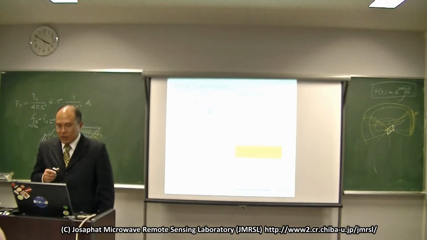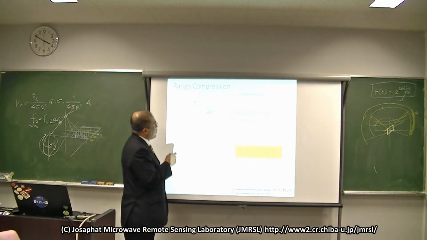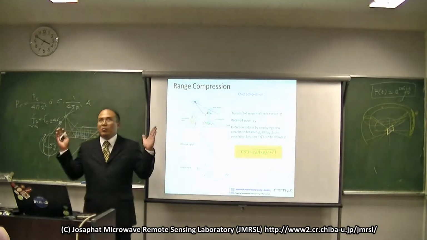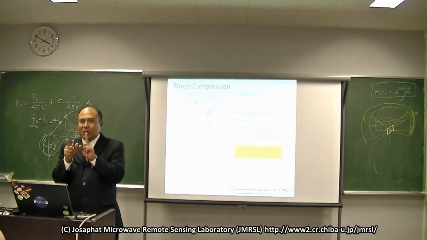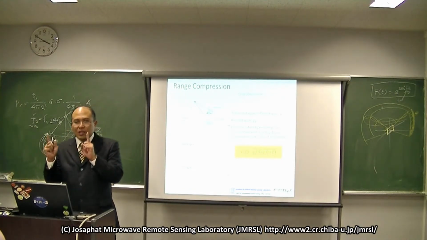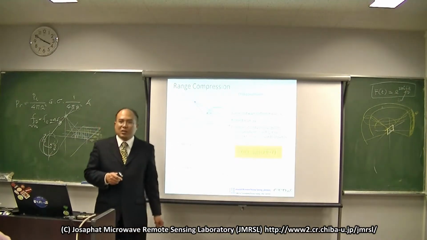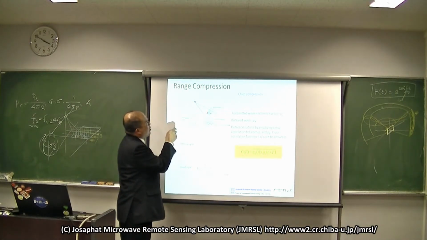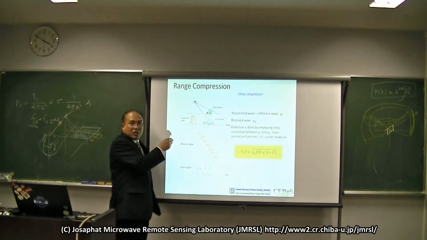Then let's calculate. If we compare with the cross correlation, when we want to observe A, B, C, sometimes the pulse width is larger compared to the distance between objects A, B, or C. Let's consider, but if we use the short pulse, the response from our platform: we transmit and we get the response from A, B, C, mixed.